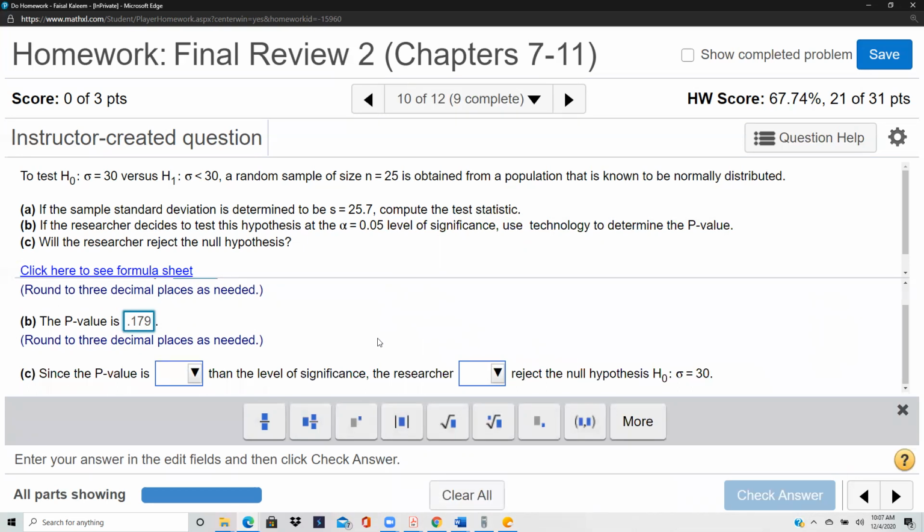Since the p-value is greater than the level of significance, the researcher will not reject.